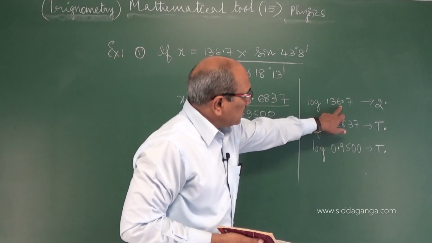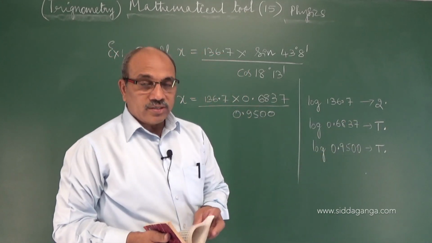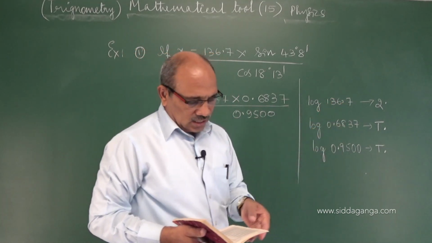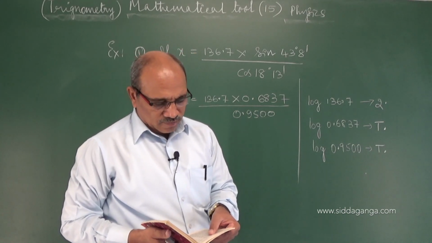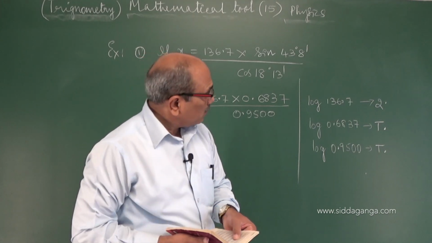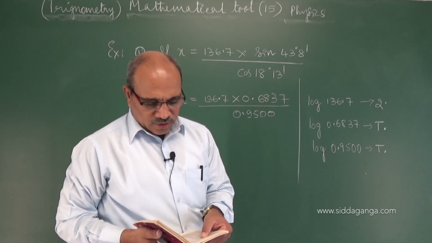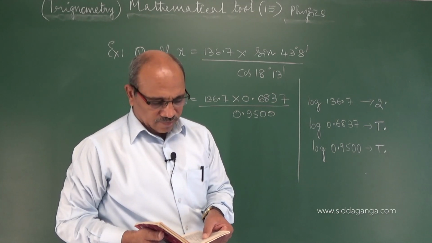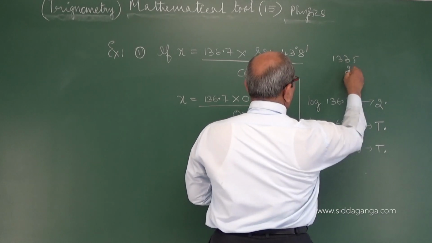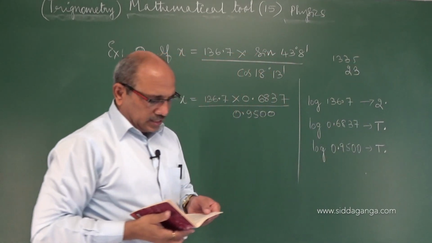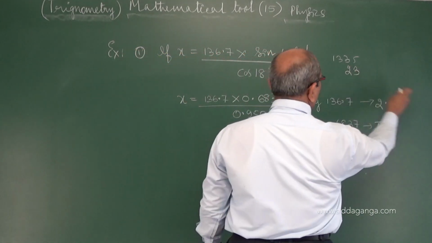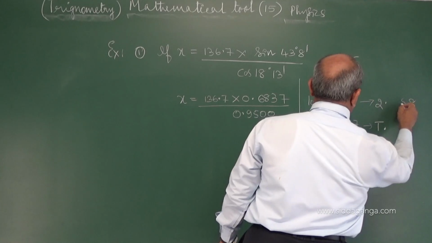Now 1367, the natural logarithm: 13, in the 13 row, sixth column is 1335. For the seventh one you have to add 23, so 1335 plus 23 for 1367. So if we add, it is 5 3 8 3 2 5 1 3.